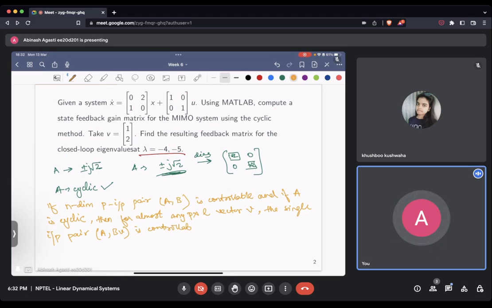So what does this statement say? If we have an n-dimensional, in this case a two-dimensional system, with a p-input pair, how many inputs do we have? Two.